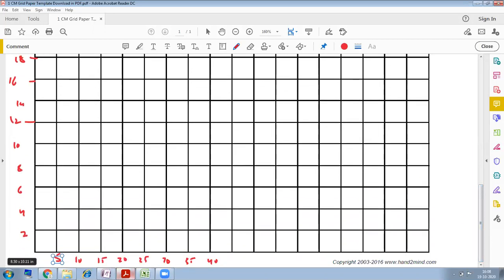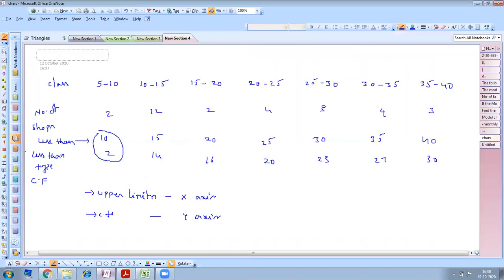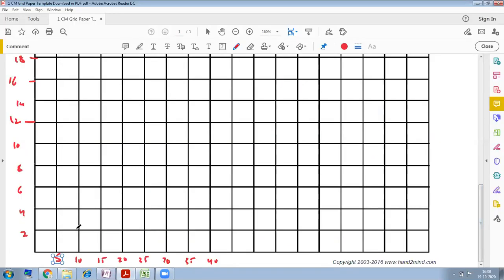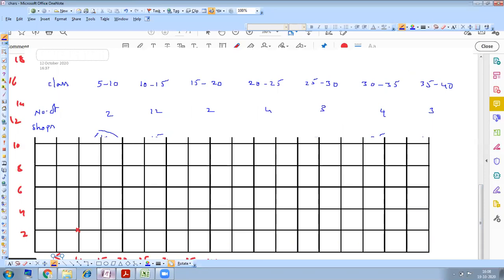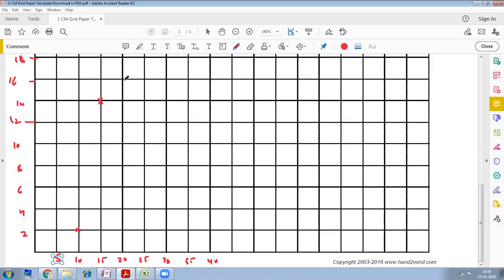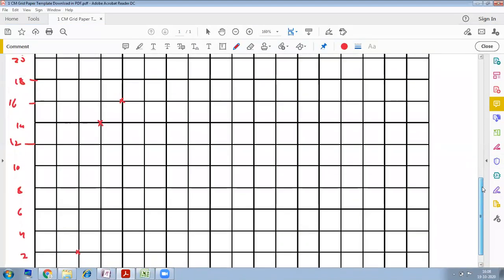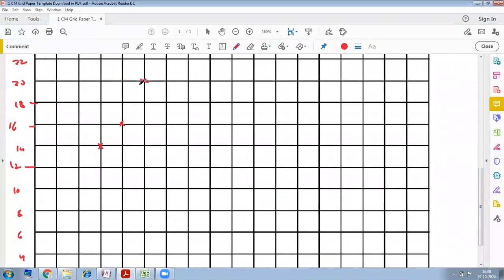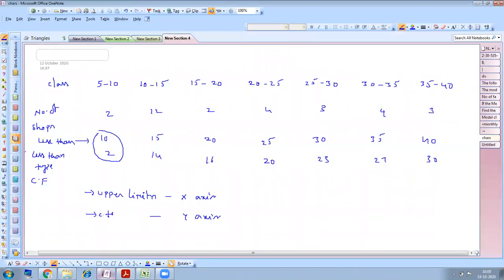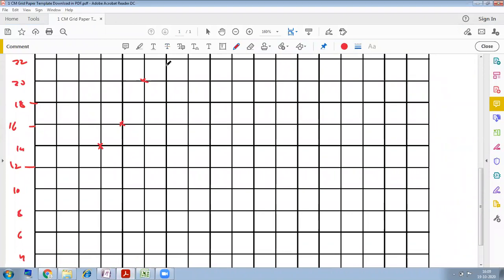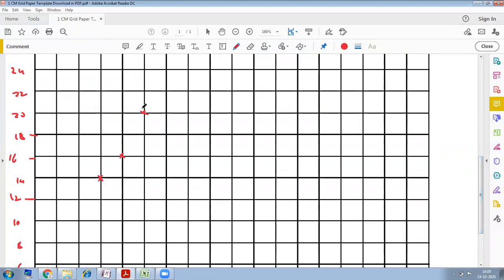The first coordinate is how much? 15 and 14. This is the second point. And 20 and 16. 25 and 20: this is the 25 line, this is 20. 30, 23: this is the 30 line, and 23 is in between 22 and 24.